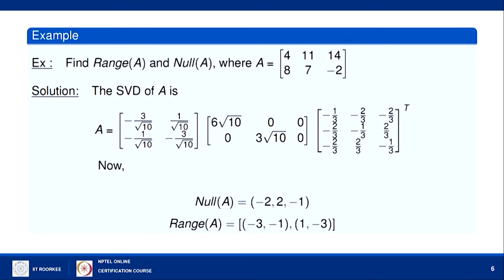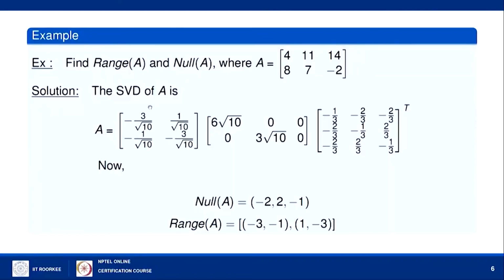Another application: with the same matrix, find the range space of A and the null space of A. If you recall from one of the previous slides, the range space of A is given by the first r columns of matrix U, where U is an orthogonal matrix and r is the rank of A. So, the range space of A is given by, without normalizing, minus 3, minus 1, which is the first column, and the second column is 1 and minus 3.